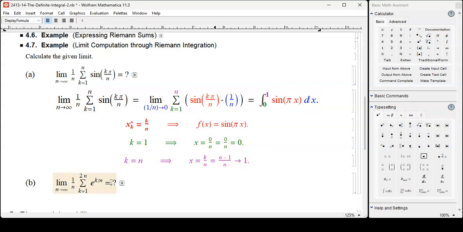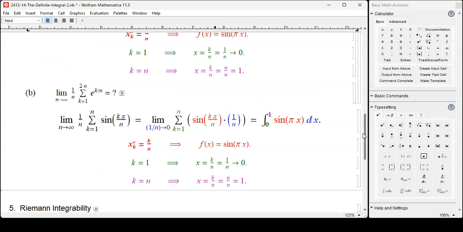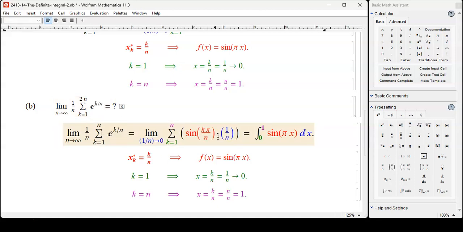Now, how about the second problem here? Stop the playback and try. Do you see that we have similar situation, except that we have exponential function instead of sine function?